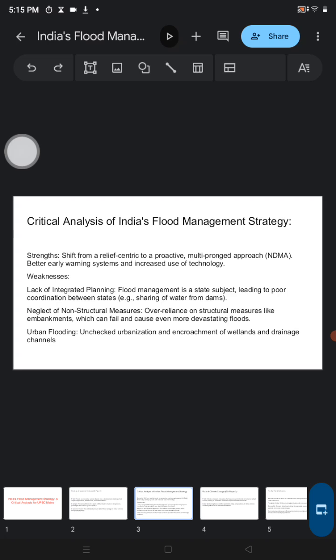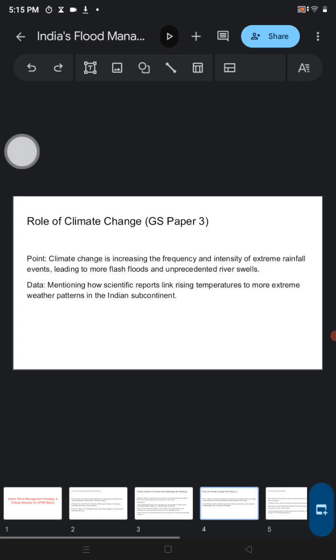Then there are urban floods, which we are unable to manage because of unchecked urbanization. We need proper urban planning, as well as action against encroachment of wetlands and drainage channels. Only then can we properly channel and regulate the water to control flood-like situations.